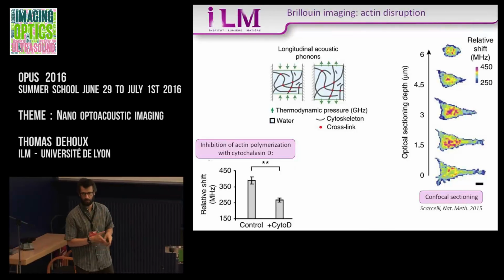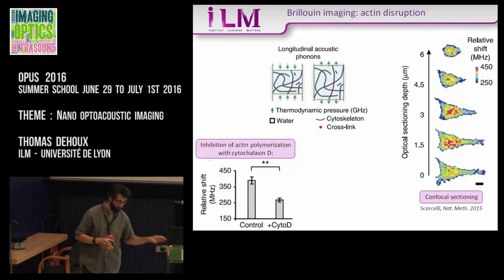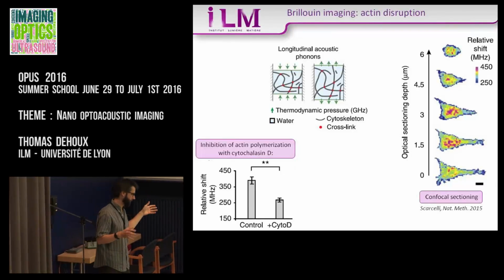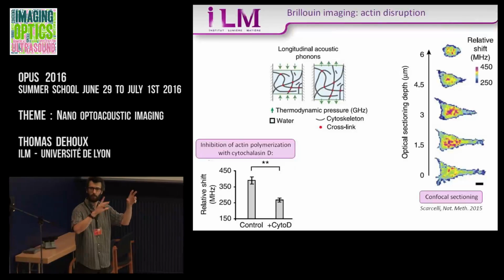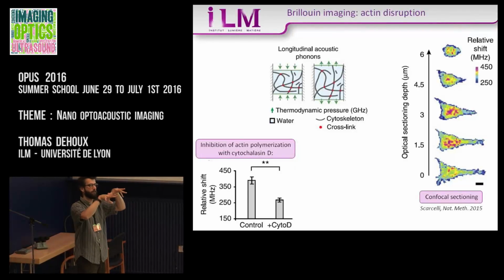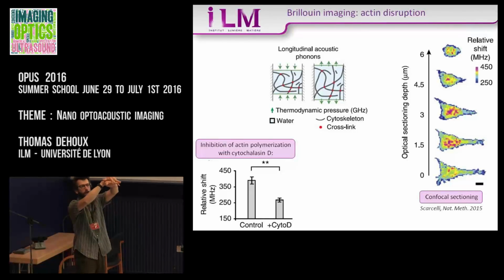And they did a very interesting test. They introduced a drug inside the cell, cytochalasin D, which has the property to depolymerize actin, the cytoskeleton of the cell. Initially you have a cell with a very cross-linked network of fibers inside the skeleton, and when you apply the drug it will disassemble and fluidize.